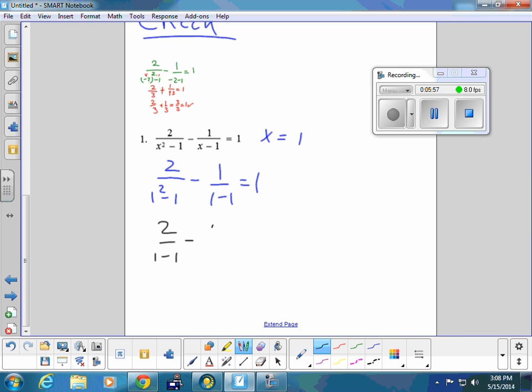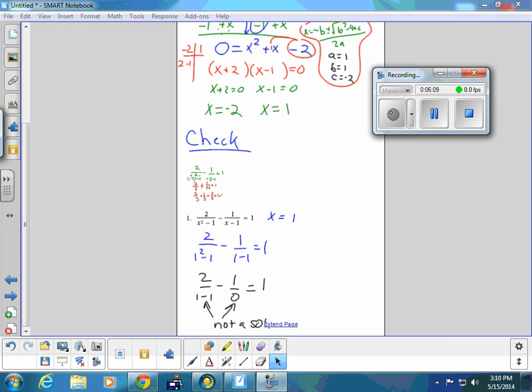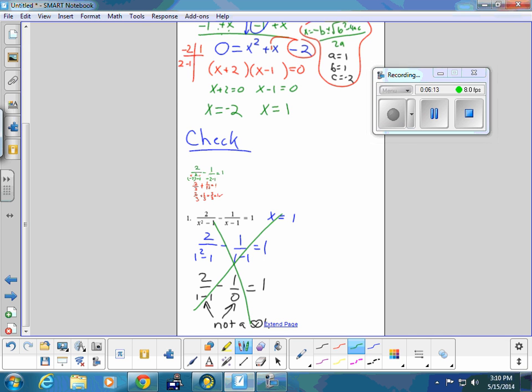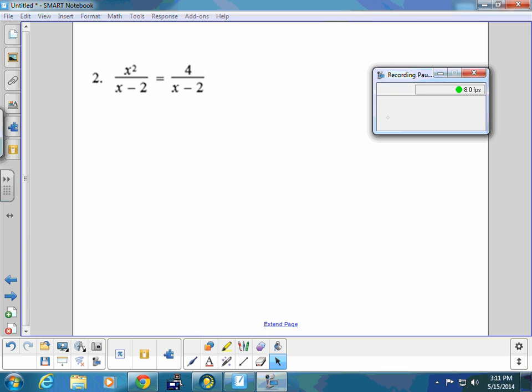So basically, you're going to get a 0 on the bottom here and here. So this is not a solution. So we throw out this answer here, and this answer is the correct answer because it checked.